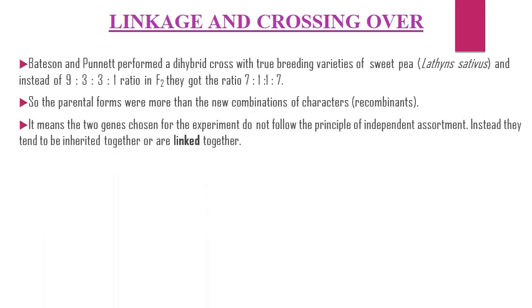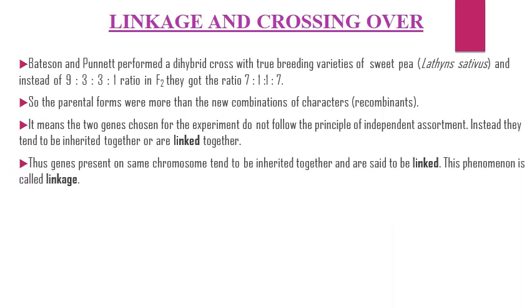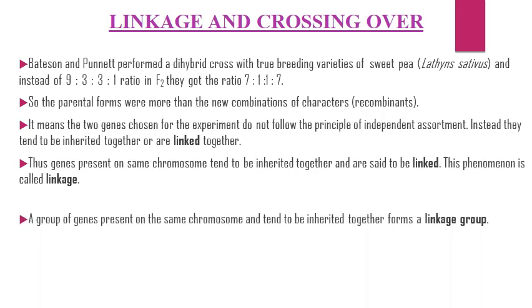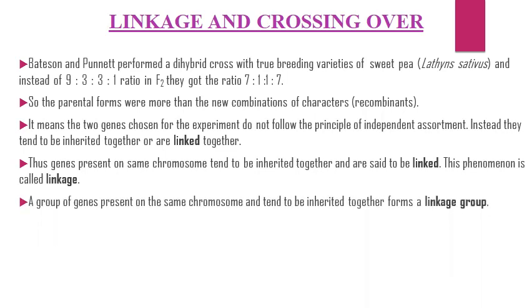It means the two genes chosen for the experiment do not follow the principle of independent assortment. Instead, they tend to be inherited together or are linked together. Thus, genes present on the same chromosome tend to be inherited together and are said to be linked. This phenomenon is called linkage. A group of genes present on the same chromosome that tend to be inherited together forms a linkage group.